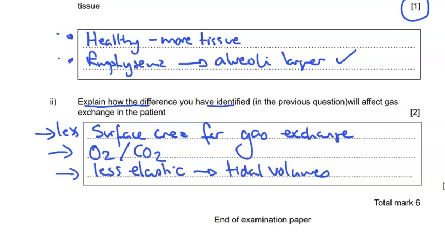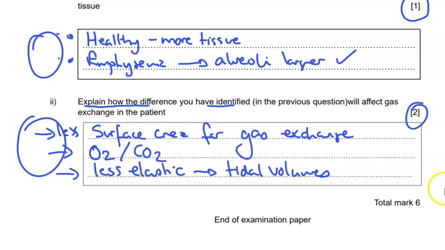I think this really covers the major connections that can be made between this section and this section here. We're looking for 2 marks here, a connection with the difference to the one that you identified here. That's the end of the question. That's the end of the paper.